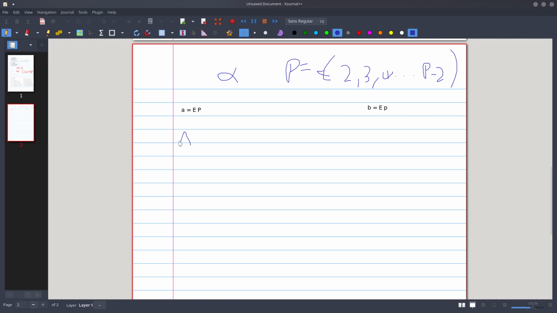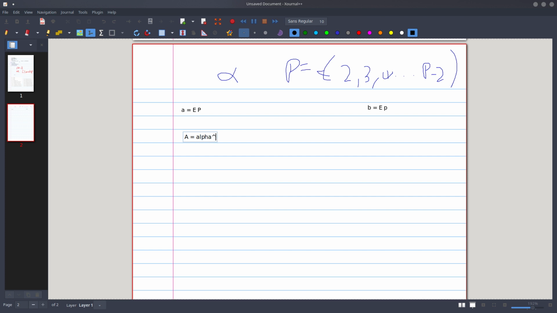So A is congruent to, I should probably just get a mouse. Yeah, that'll probably help a lot. To alpha raised to the A mod P. Yeah, this is just bad. I'm sorry. I just have to type this out. So A is congruent to, imagine it's congruent, to alpha. This is alpha, okay, alpha, I'll type it out.